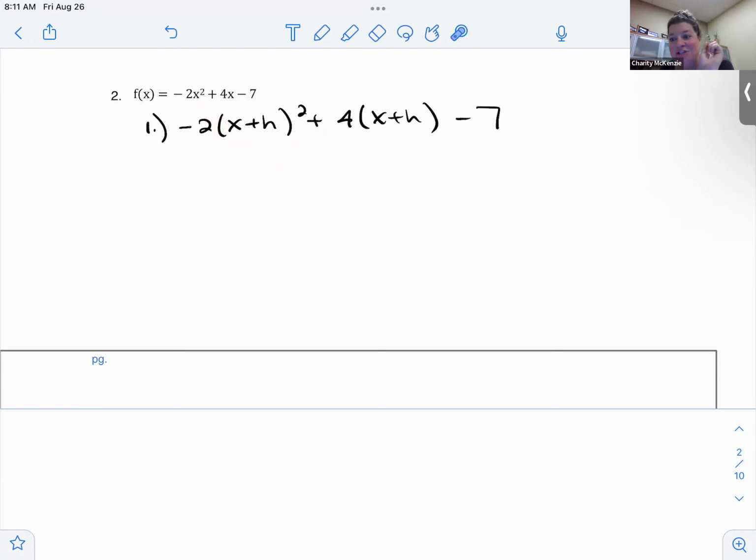It's x plus h times x plus h. So I do a little shortcut to get that middle term. I do the first term x squared, and then I times the 2 terms together. X times h is xh, and I times it by 2 because there's 2 of those when I do the middle term. So positive 2xh plus h squared.